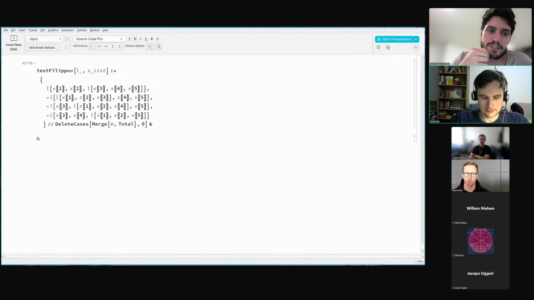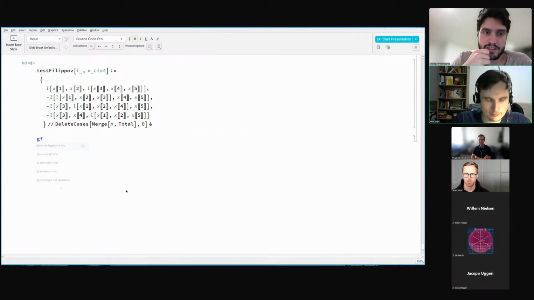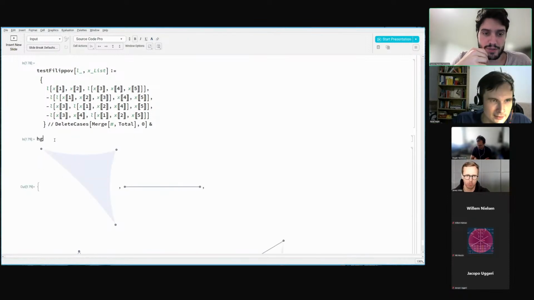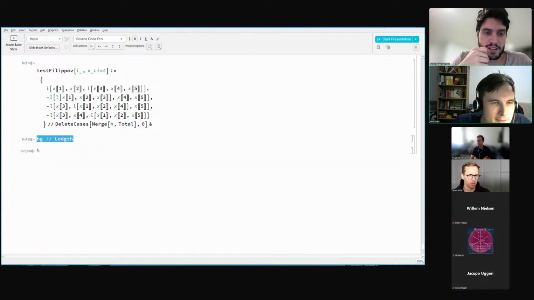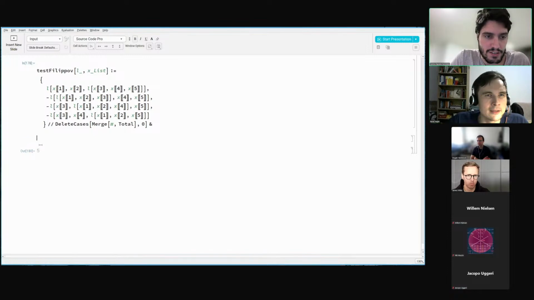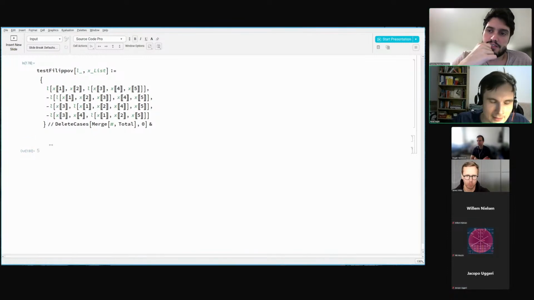So we have these graphs. We have actually precisely five graphs, right? What's the length of it? It's 5. They have to be rooted, right? Or they are by the first. Yeah, they are canonically rooted by the first vertex. Okay, sure.